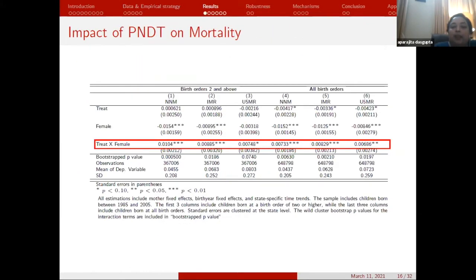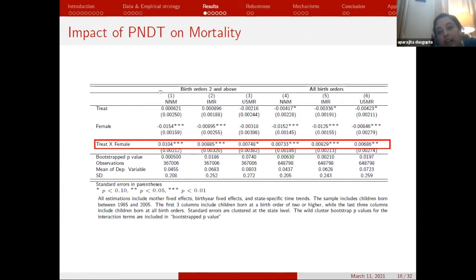So let me get on to the results. This is showing the impact of PNDT on mortality. What you can see here is that the interaction term is positive and significant. The first three columns show the effects for birth orders 2 and above.